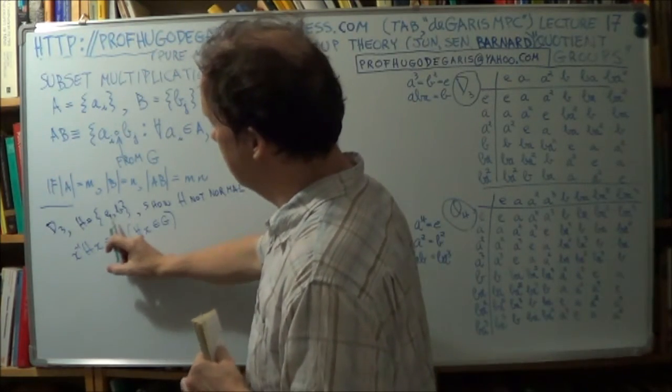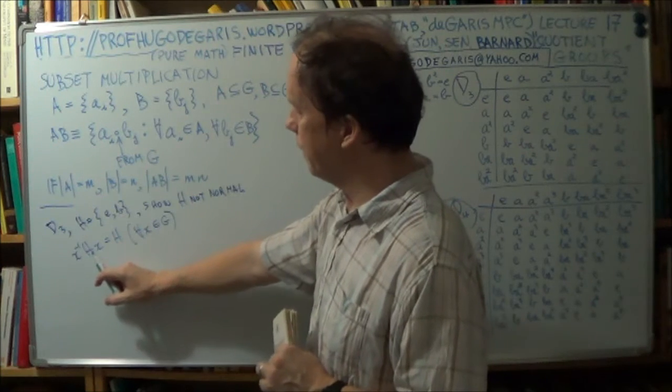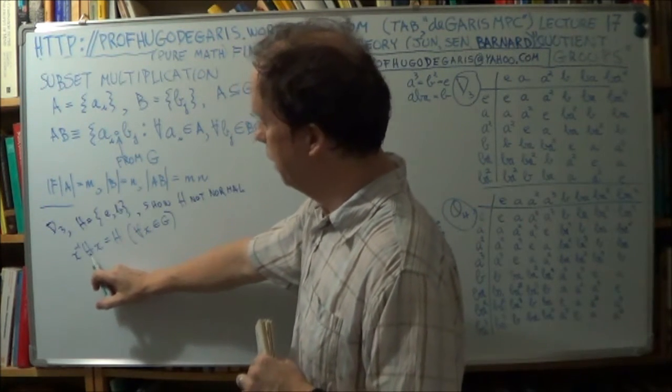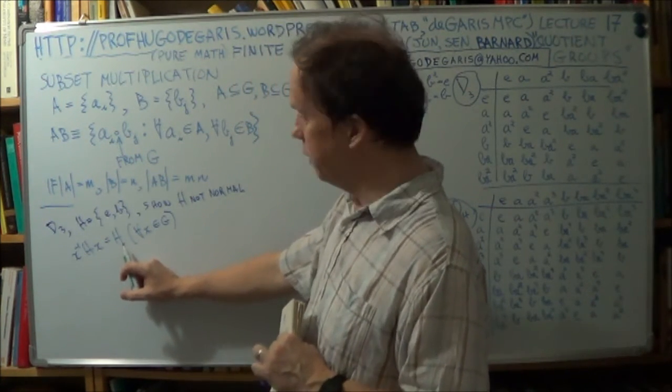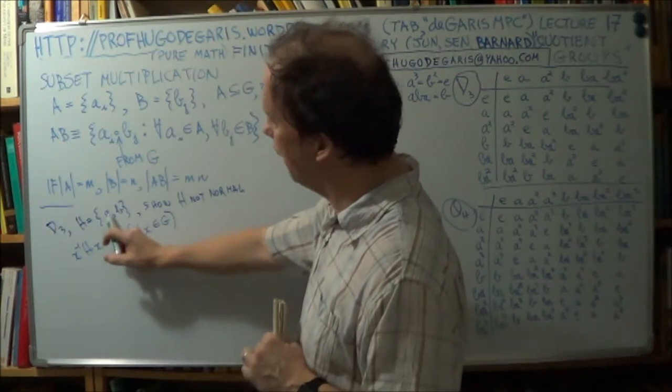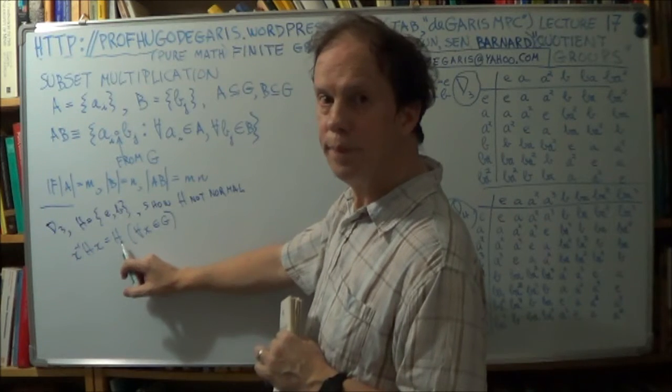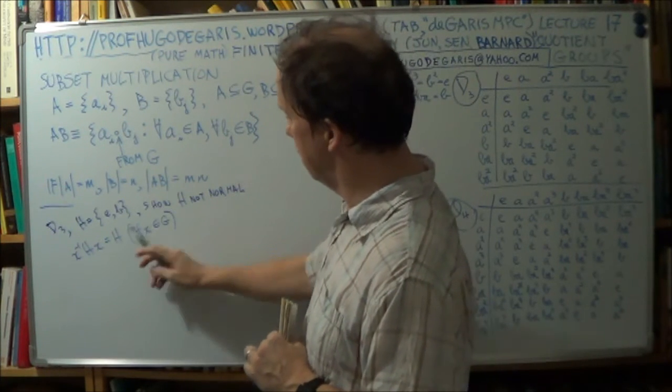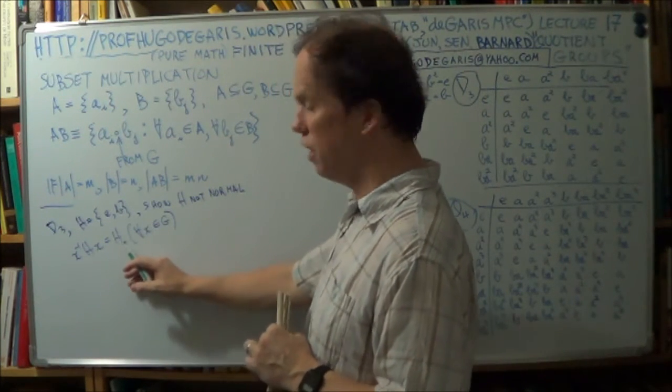So let's try E. So we put an E here. Will we get a member of H? So if we put an E here, will we get either E or B? If so, then that's consistent with H being normal.